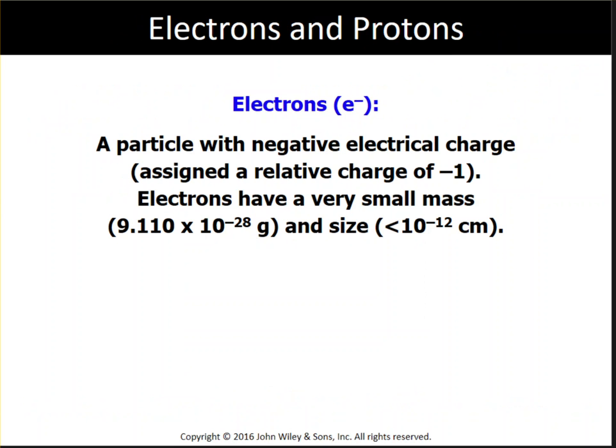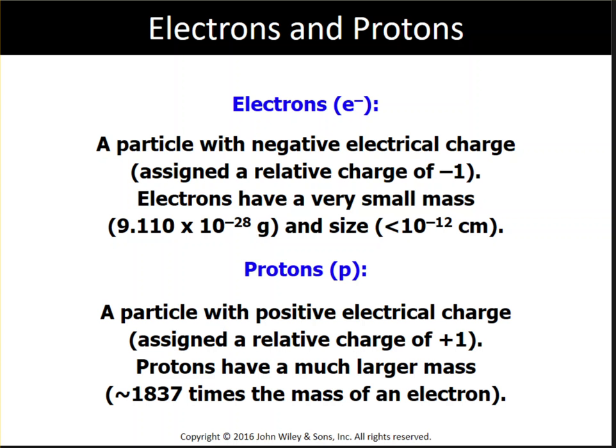Now, how these subatomic particles were discovered is that actually the first subatomic particle that was discovered were the electrons. And it was believed that electrons have negative charges. So the symbol for the electron and the charge is given to you here.